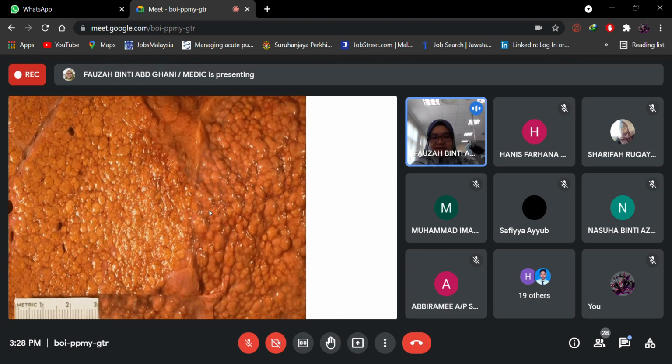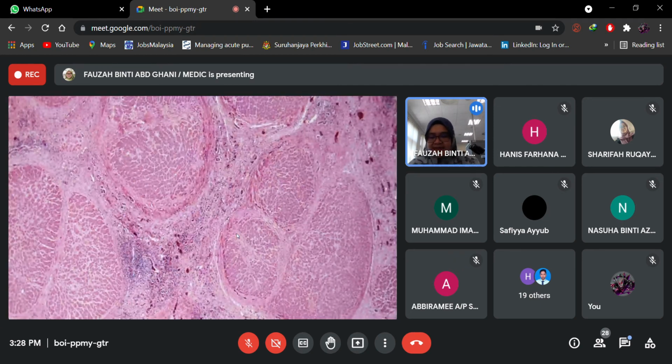So this is a section, they slice through a part of the liver, and we can see this part of the liver appears, as Abirami also mentioned, yellowish and fatty. Okay, all right. So there's some fatty changes occurring in the liver as well, in the background of all these small nodules. Okay. So let's move on to the microscopic image.